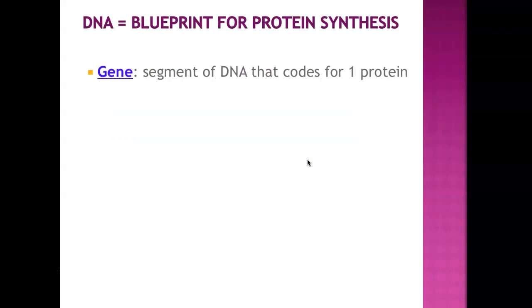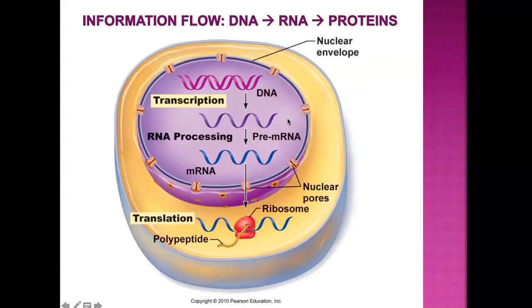DNA is the blueprint for protein synthesis. So DNA is there to make proteins. A gene is the segment of DNA that codes for a particular protein. And so what I'm showing you in this picture is DNA is going to get transcribed into RNA. RNA is going to leave the nucleus and is going to get translated into a certain protein.